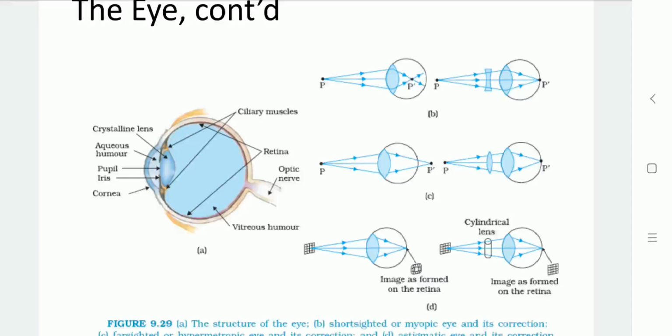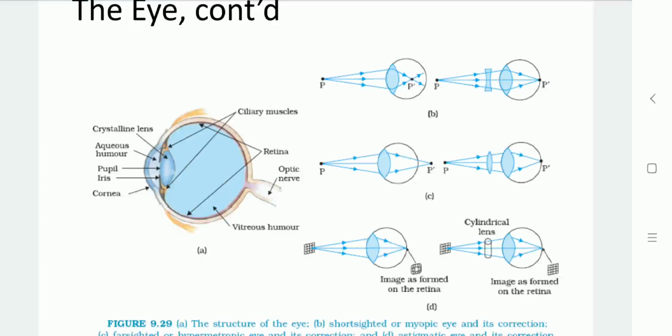The curvature, shape and focal length of the lens can be modified by the ciliary muscles. For example, when the muscle is relaxed, the focal length is about 2.5 centimeter and objects at infinity are in sharp focus on the retina.